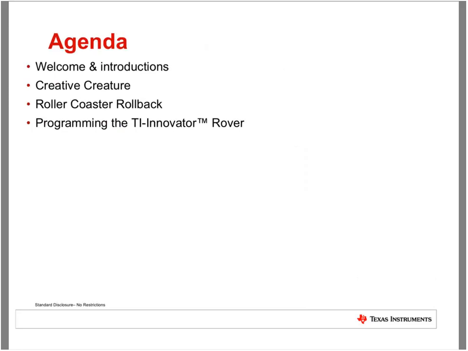At this point, Daniel is going to discuss our agenda. Hello, everybody. We're going to be talking about three different topics with our wonderful Math in Motion. Tom is going to discuss the use of sliders in his creative creature activity that he's done with his students.